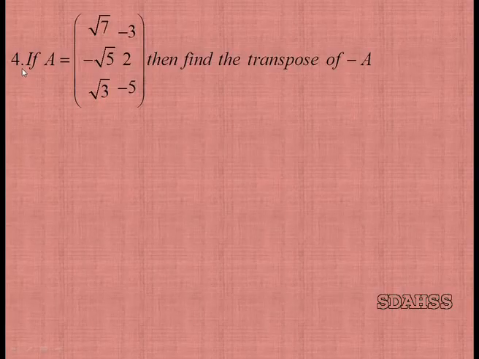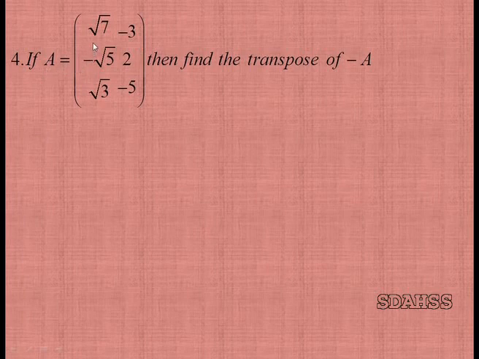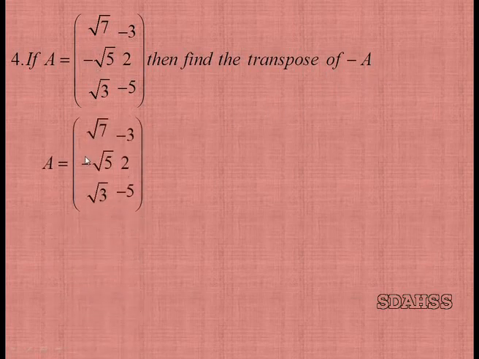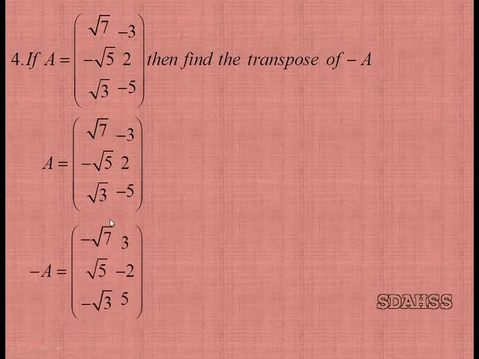Fourth sum. If A is equal to root 7, minus 3, minus root 5, 2, root 3, minus 5, then find the transpose of minus A. So the given matrix is A equal to root 7, minus 3, minus root 5, 2, root 3, minus 5. First you find minus A. Multiply the minus sign in the matrix.